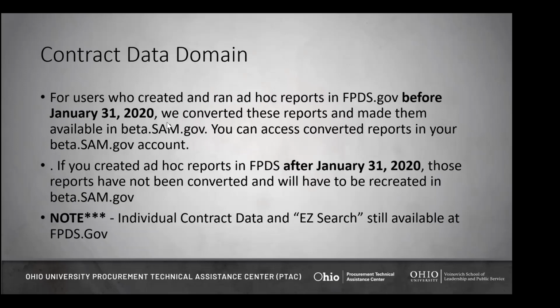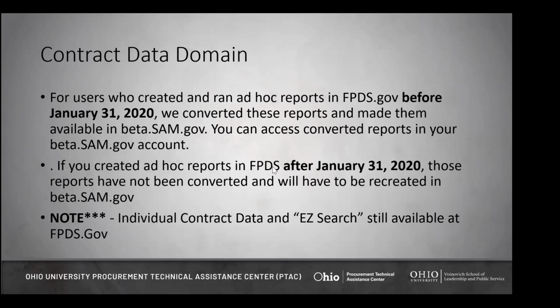And just a caveat on the reports, again, FPDS is still very much in use. I use it often. But the report builder in sam.gov was converted over. If you had ad hoc reports prior to January 31st, 2020, they were converted.